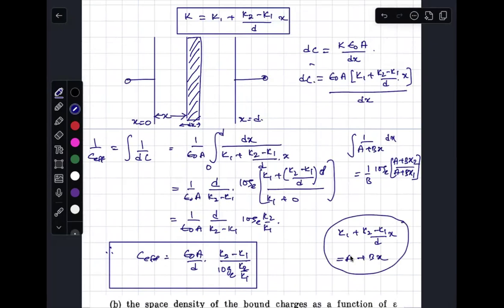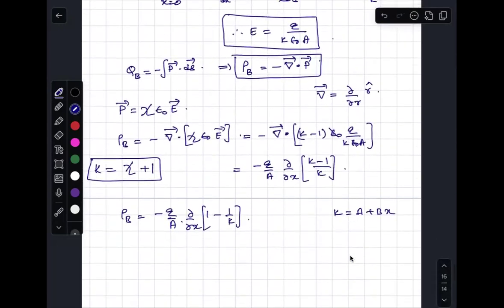That is your K. So differentiation of 1 by K gives, what is dK? dK is 0 plus B dx. So what is the differentiation of 1 by K? It is nothing but minus 1 by K square dK by dx.